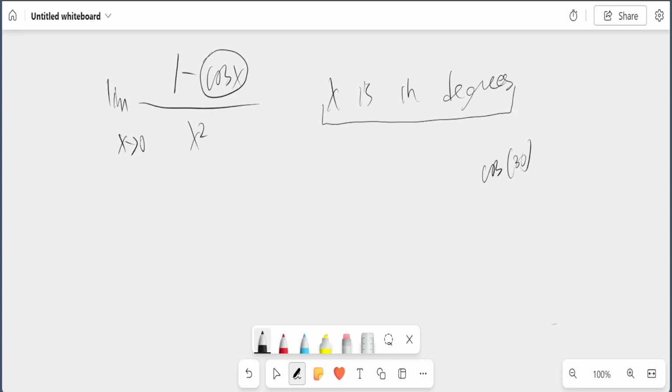Even in degree mode, it's still in radians, but instead of cosine x, they use cosine of 180 over pi x. Whatever you plug in the calculator goes through this. Cosine is inherently always in radians. So if cosine is always in radians, how are we going to make it agree with being plugged in a degree value? That's the heart of this problem.